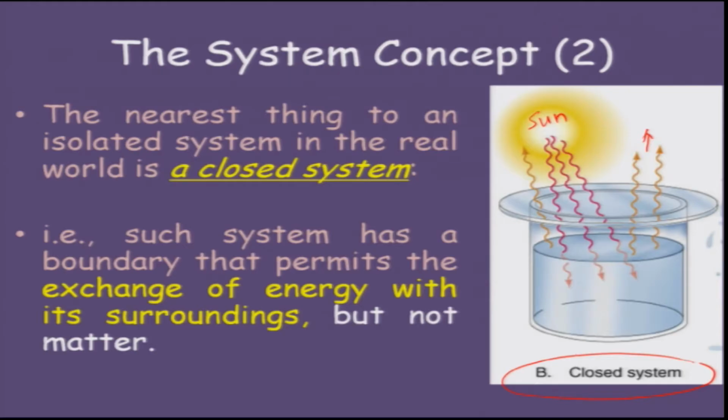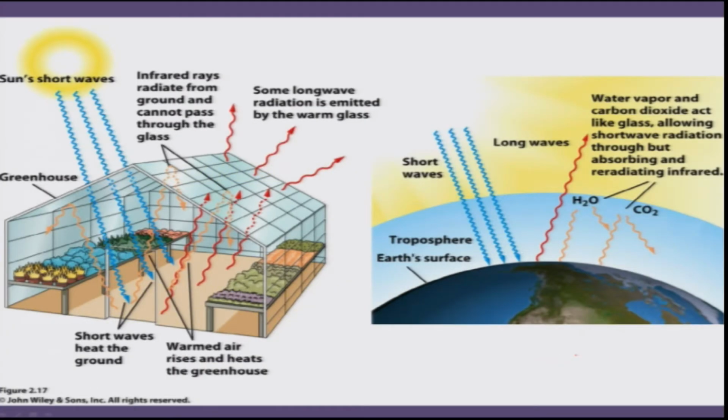If we have radiation coming in, there is an exchange of energy but no exchange of matter. The best example which explains this is what we also call the greenhouse.